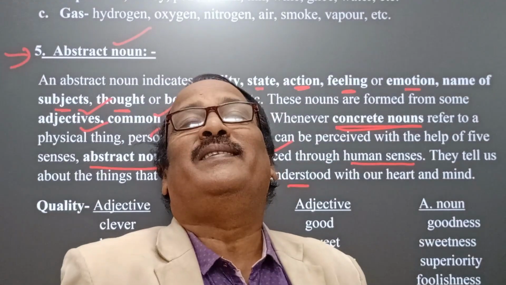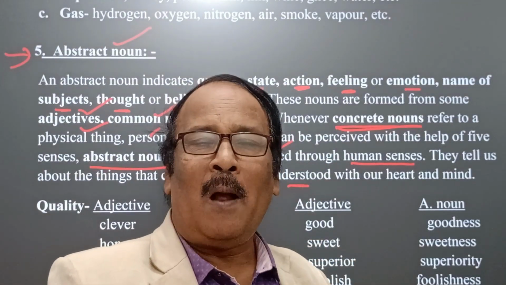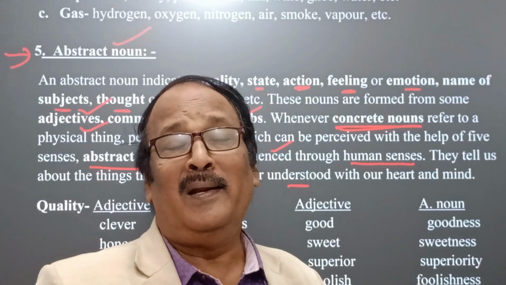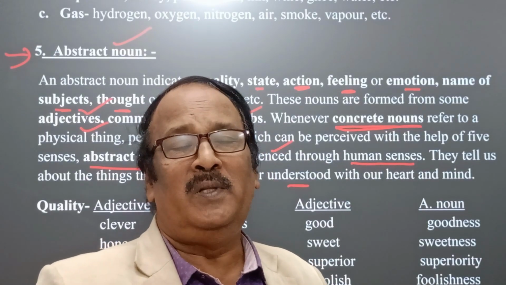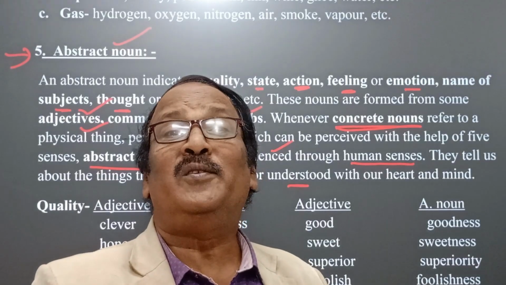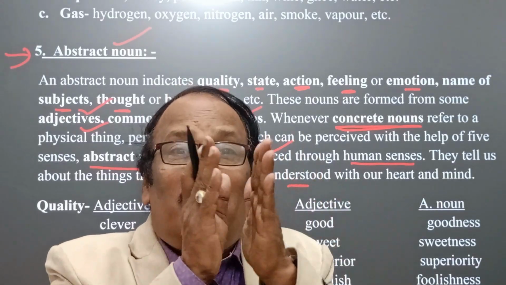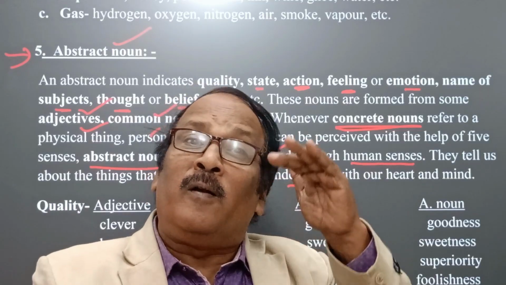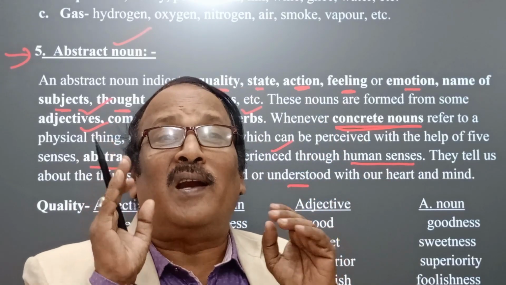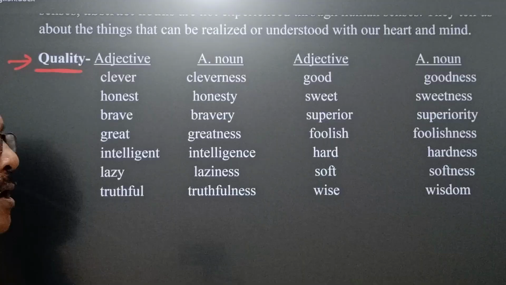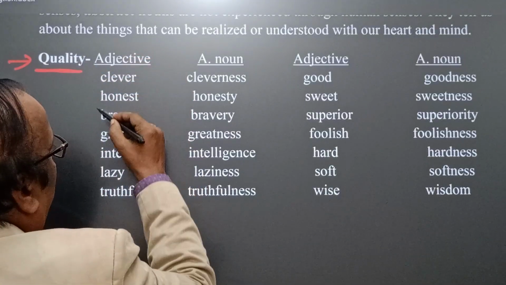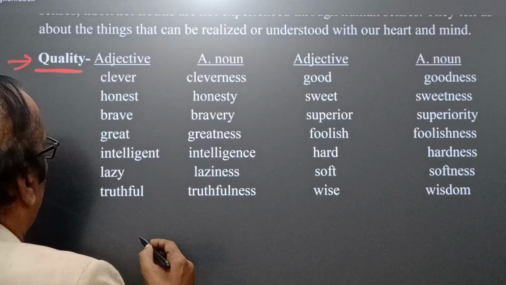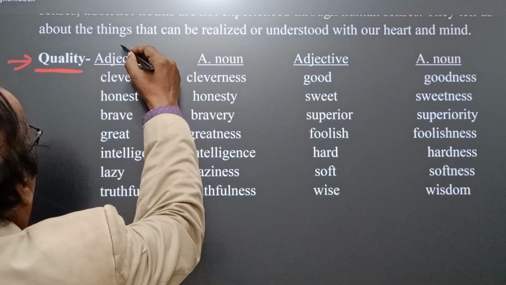Yes, we just understand with the application of our heart and mind, but we cannot just perceive them through our sense organs. This is the difference between concrete nouns and abstract nouns. Am I clear? From the quality point of view, you see, here adjective and here abstract noun, quality.